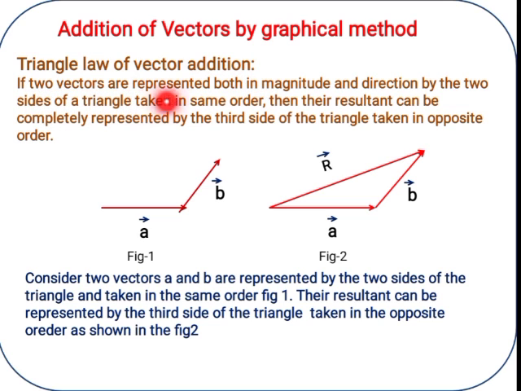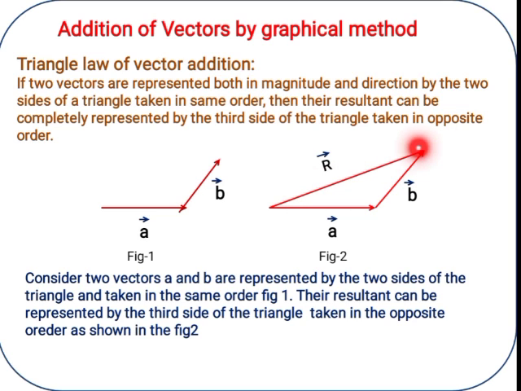If two vectors are represented both in magnitude and direction by the two sides of a triangle taken in the same order, then the resultant can be completely represented by the third side of the triangle taken in the opposite order. So we draw one imaginary line, joining these two points.